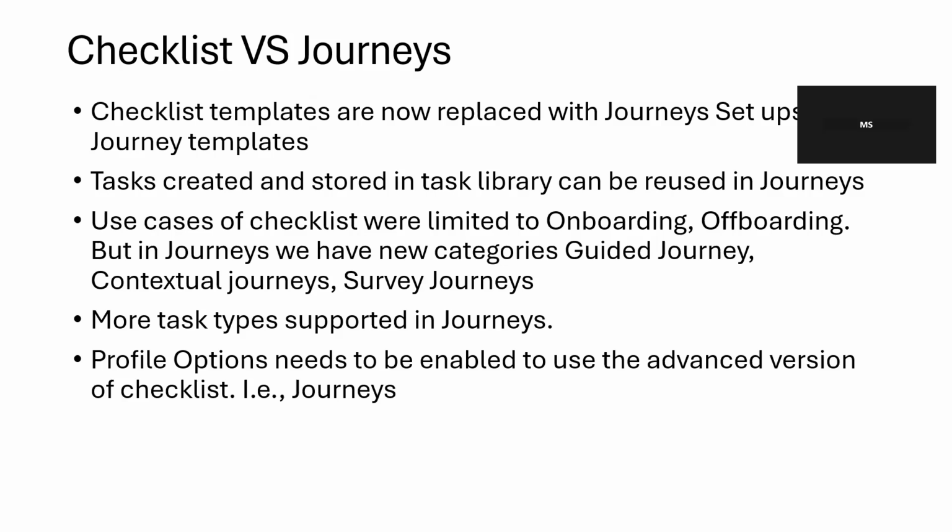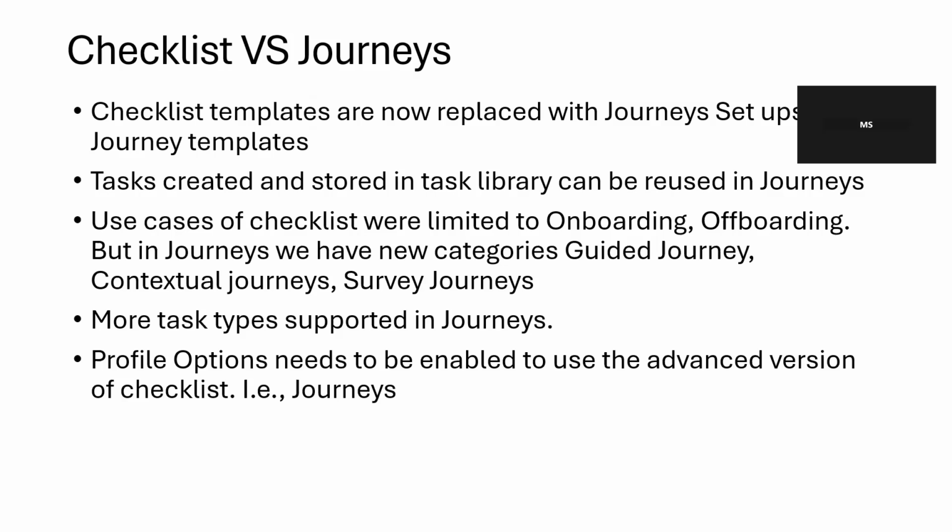Apart from the records, there is nothing else. The only thing is the experience pages, everything is going to change with the current task. But in addition, there is not going to be any impact. So business can migrate to journeys.